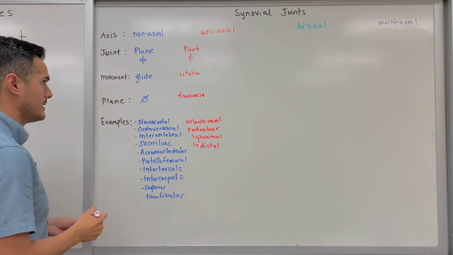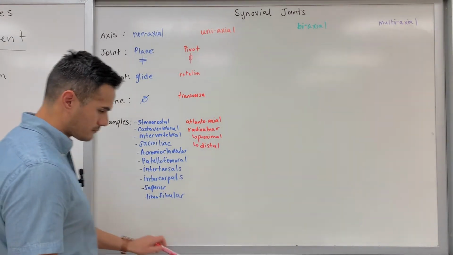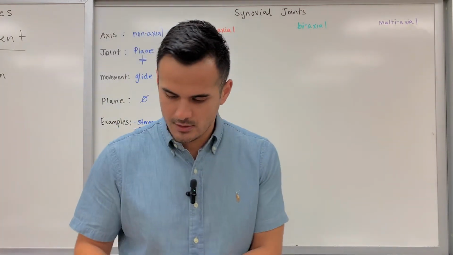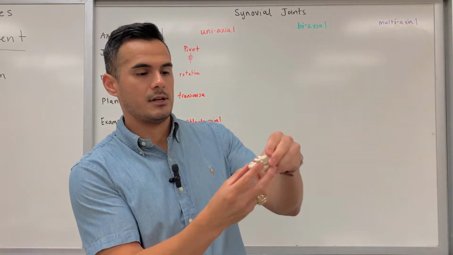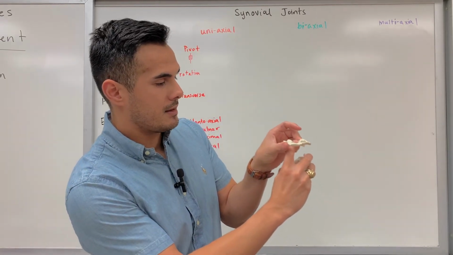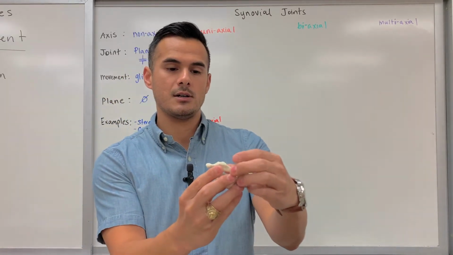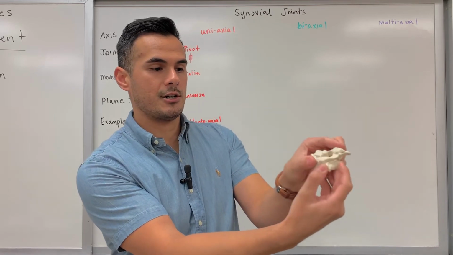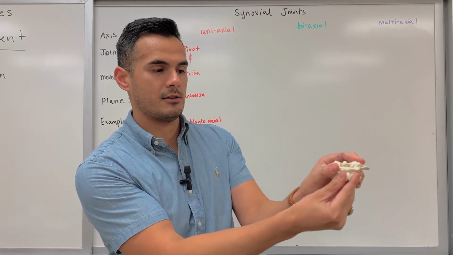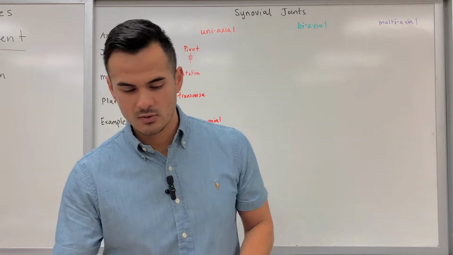So let's take a look at that. The first one that we said was the C1 and C2. If I have this here, you can see the dens here on C2, and then you can also see the facet for the dens right there. So you can see that rotation is occurring here to this side, and then you also see the rotation along this side. So that's one example.